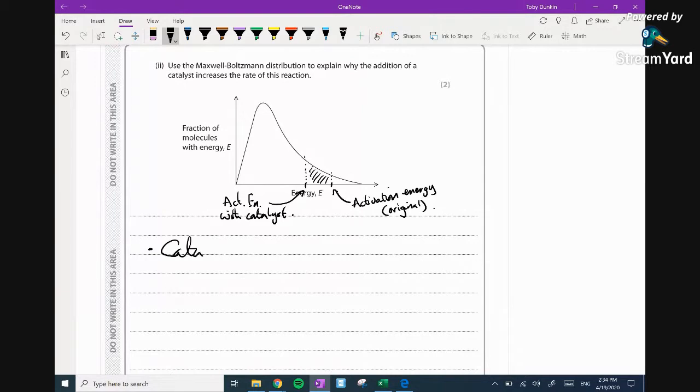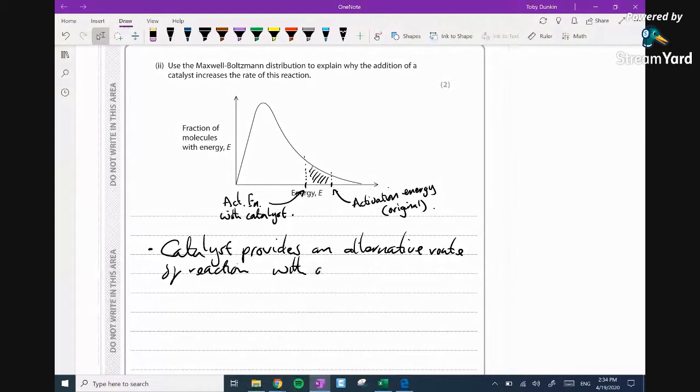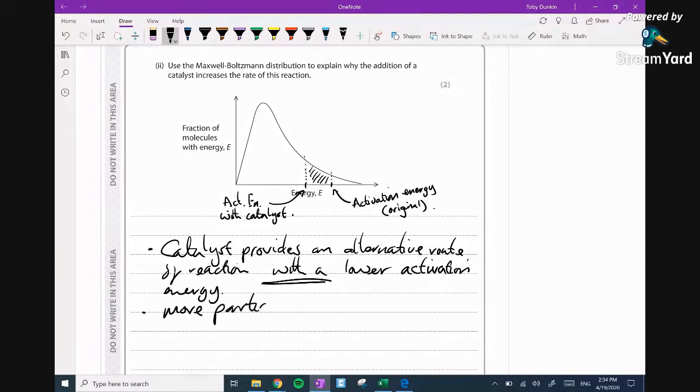Catalyst provides an alternative route of reaction with a lower, underline that, with a lower activation energy, more particles, as shown in diagram.